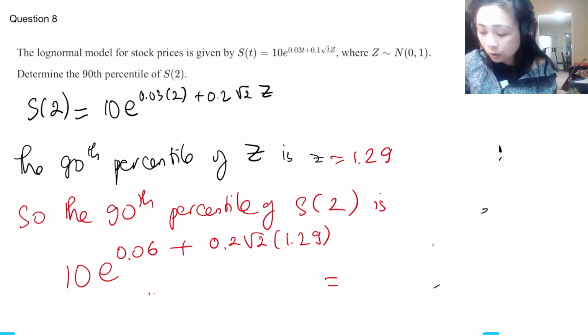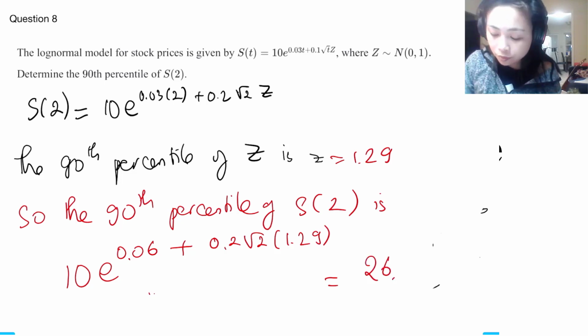That's question number 8. Is that right? Oh, my bad again. This is 0.01, not 0.02. So it's wrong again. Let me redo it.